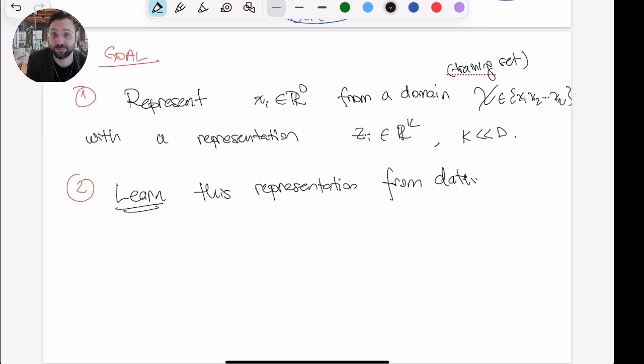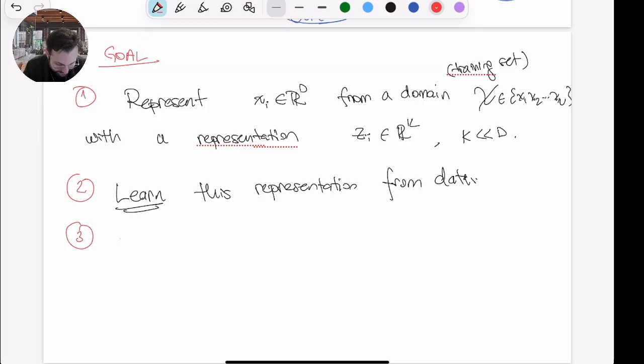For example, you can have a discrete cosine transform or Fourier transform of any data, and you can still compress your dimensionality, right? But this time I don't want to use a predefined transformation, right?